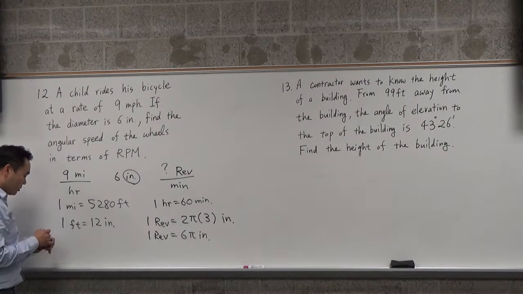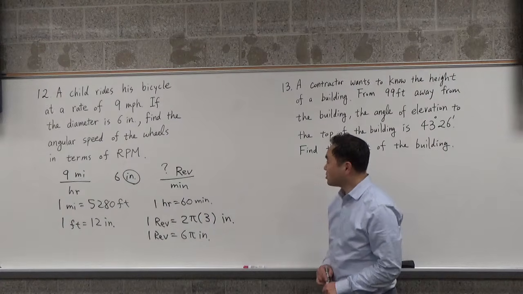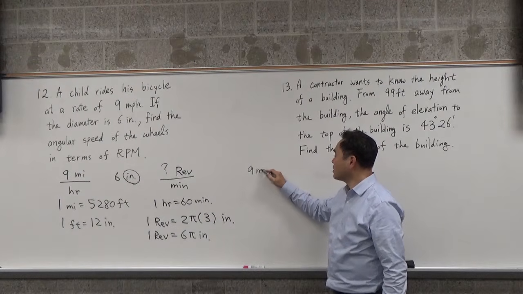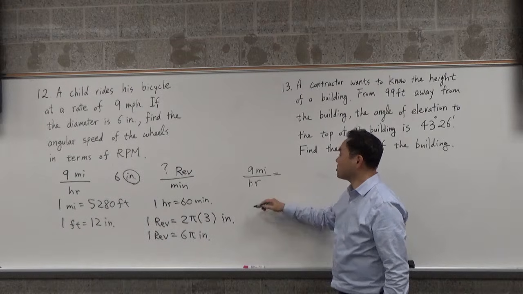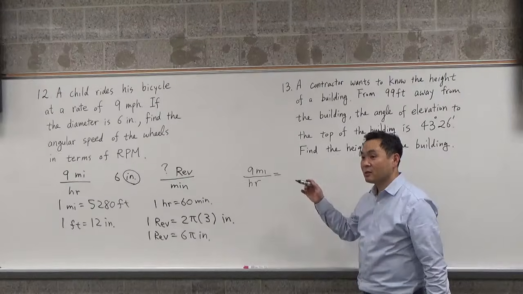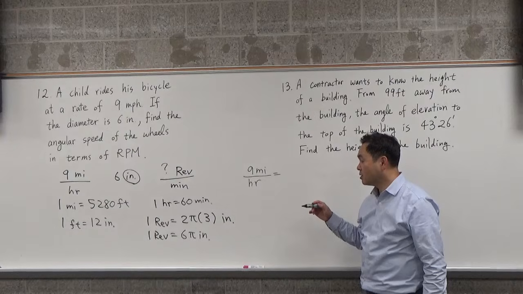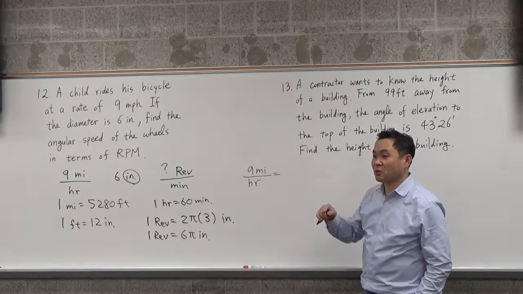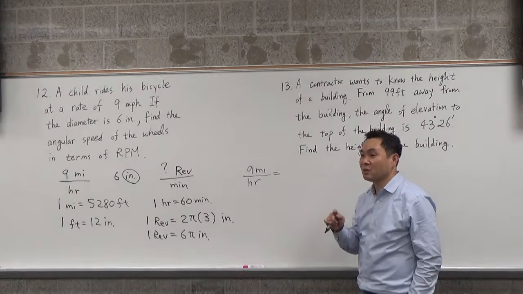Okay, so once we know these identities, then what we need to do is just start with 9 miles per hour and just keep changing the units by multiplying whatever that's equal to 1. Yes? Is 1 rev always going to be the diameter times pi? Yeah, there are 2 formulas for circumference of the circle, which is 2 pi r, or pi times diameter.